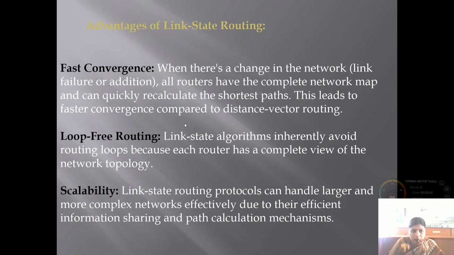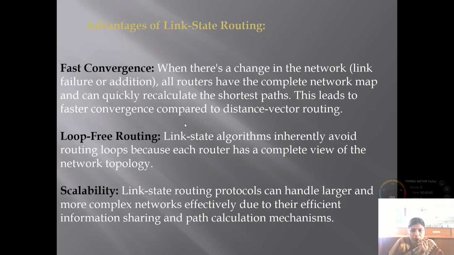Loop-free means we can avoid routing loops because each router has a complete view of the network topology. Scalability means we can handle larger or more complex networks due to efficient information sharing and path calculation mechanisms.